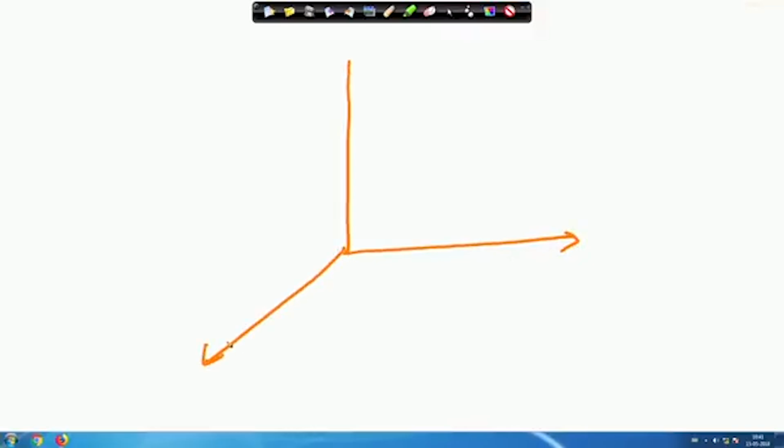As I have already shown, in Cartesian coordinates the magnetic vector potential and the current density vector are collinear. So, it is easier to find out magnetic vector potential in Cartesian coordinate. So, I have drawn a Cartesian coordinate.